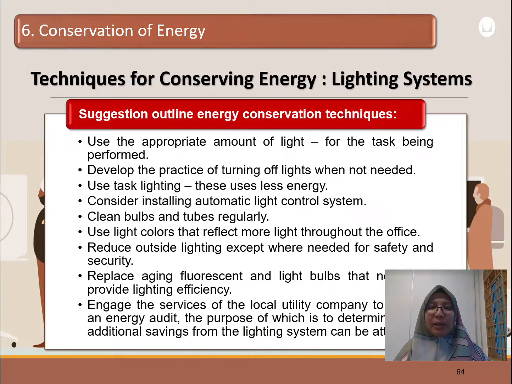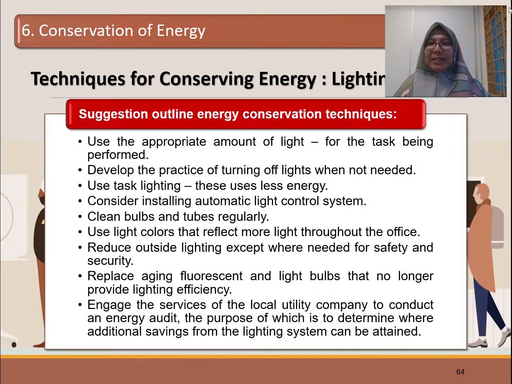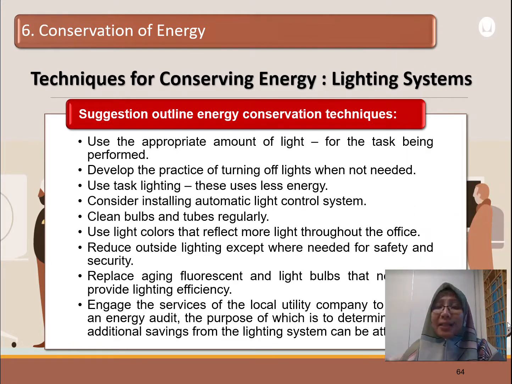Okay, now we are going to proceed to the next one, which is the techniques for you to conserve energy. What are the techniques we are going to use to conserve energy, especially for the lighting system?